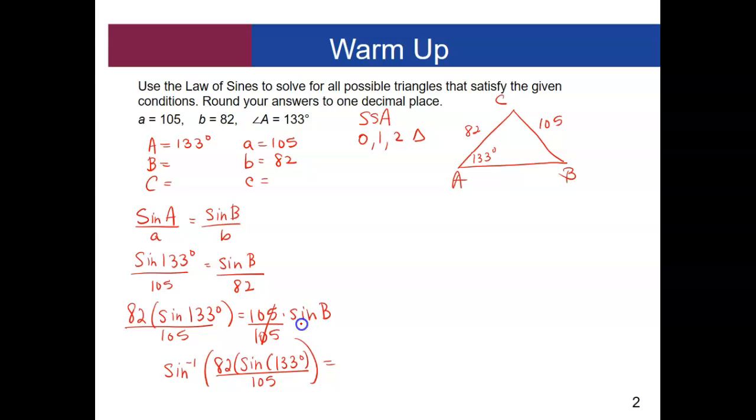If I take the inverse sine of sine, I'm just going to have B. So when I put all that in my calculator, I'm going to get 34.83. If we're going to round these to one decimal place, then we would say 34.8.